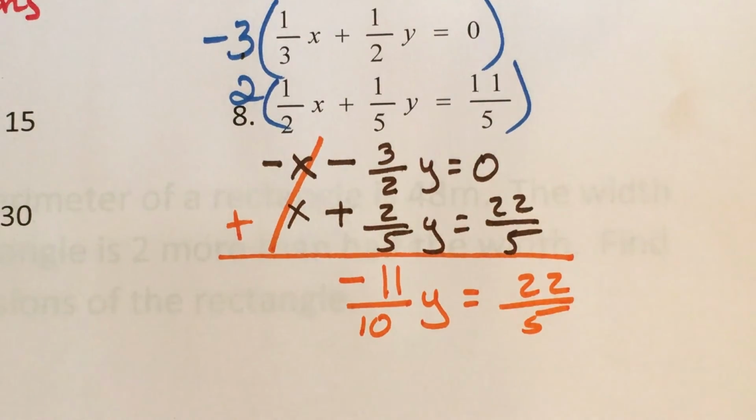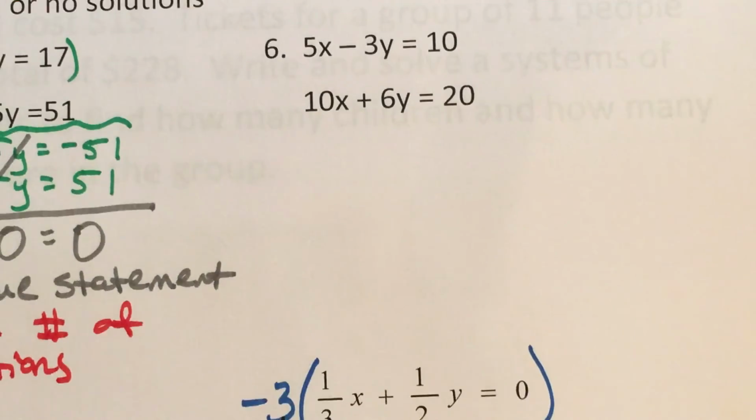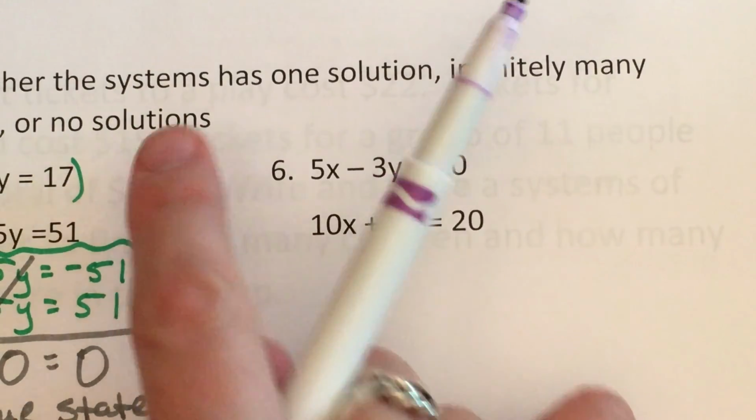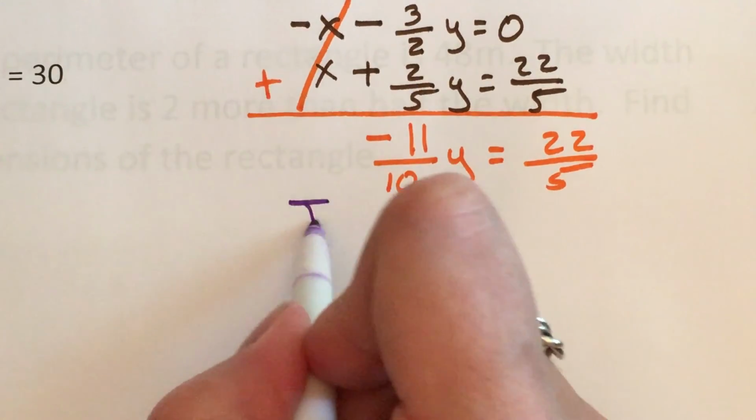Do I know what it is? No. Did it ask me for the solution? No. The instructions asked for how many solutions can I get? And we'll just write, this is solvable.